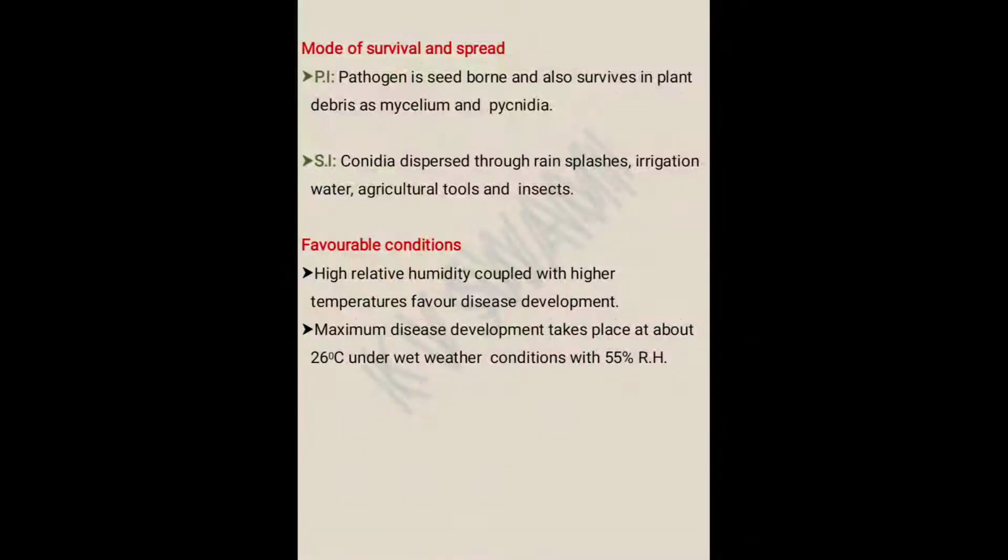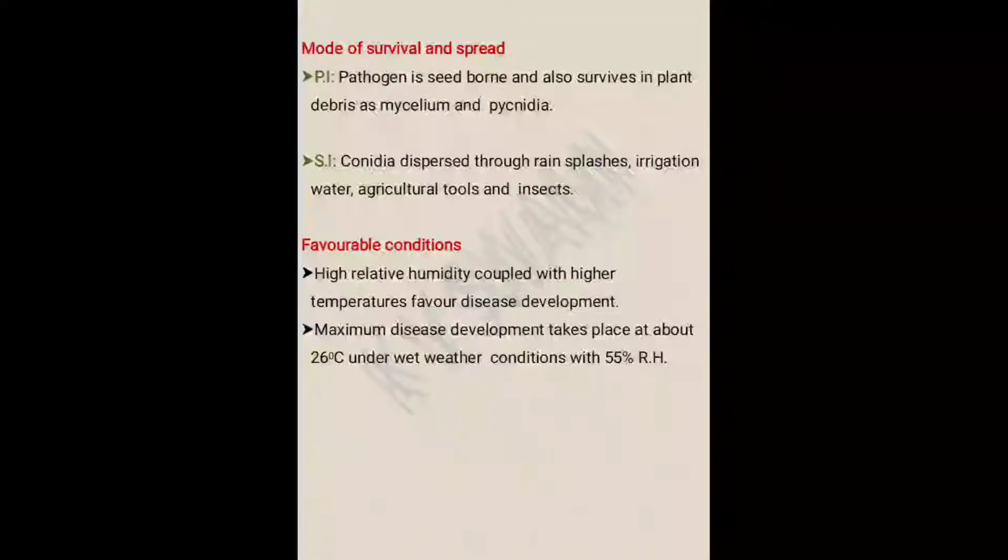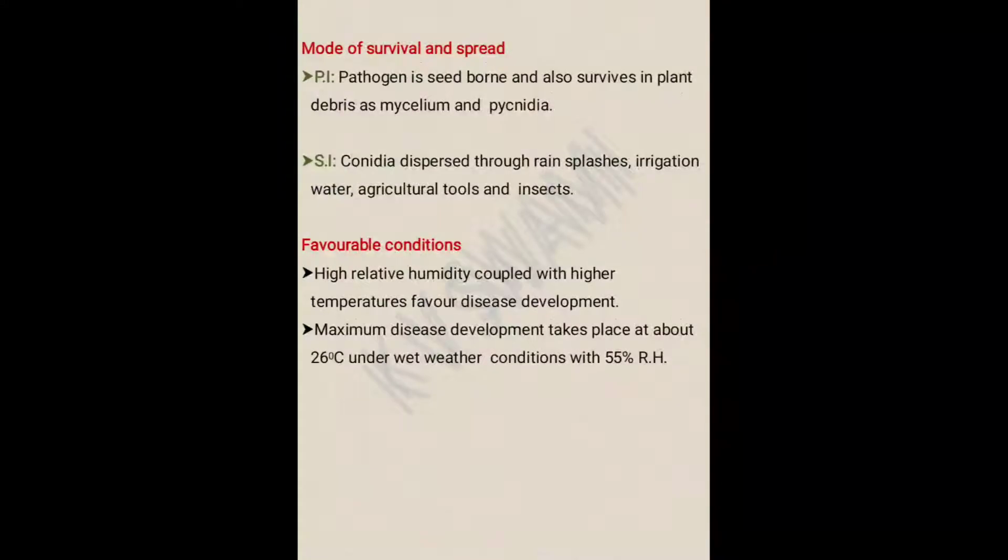Mode of survival and spread, that is perpetuation. Primary infection: the pathogen is seed borne and also survives in plant debris as mycelium and pycnidia. Secondary infection: conidia dispersed through rain splashes, irrigation, agricultural tools and insects.